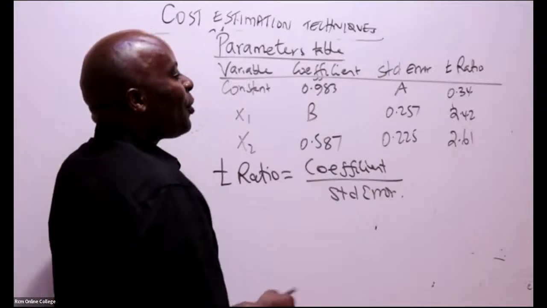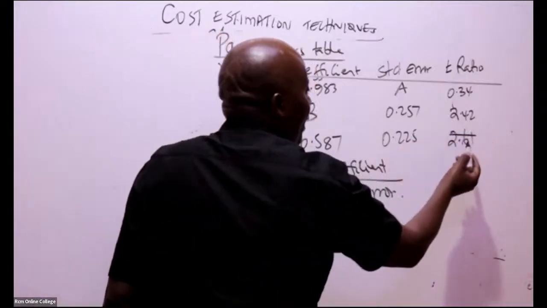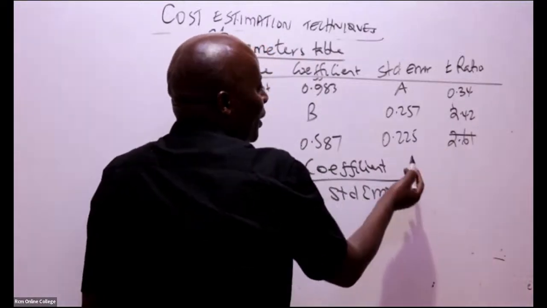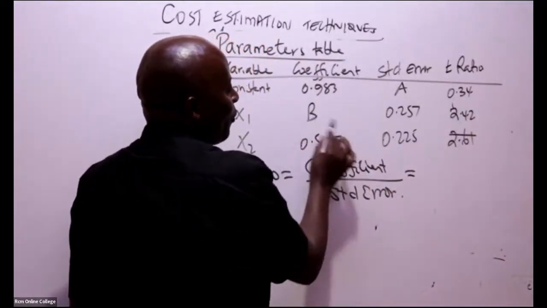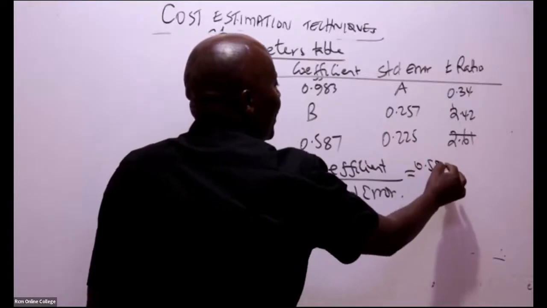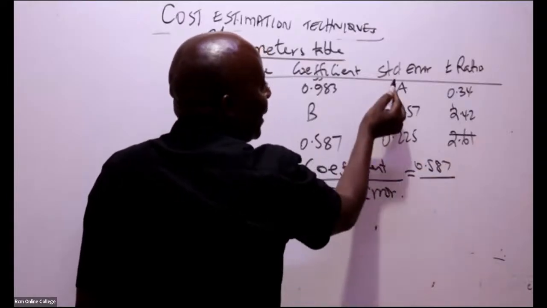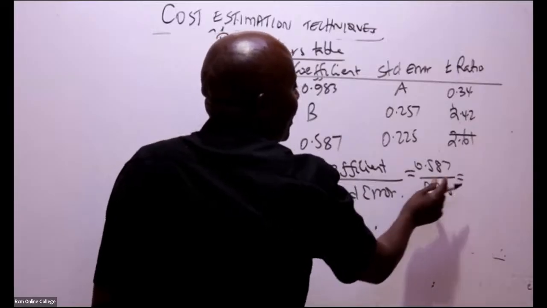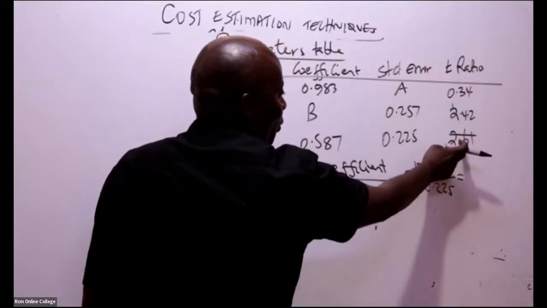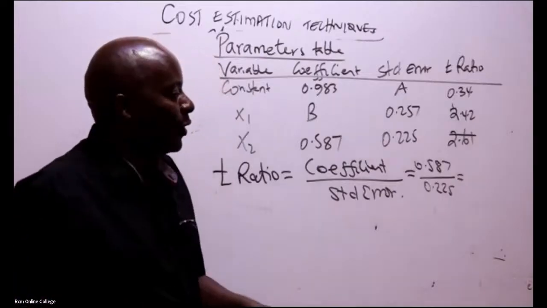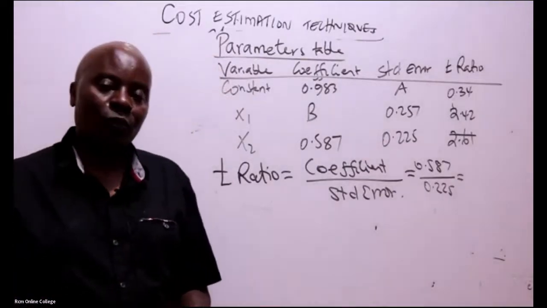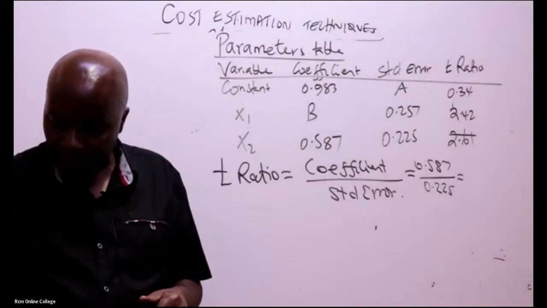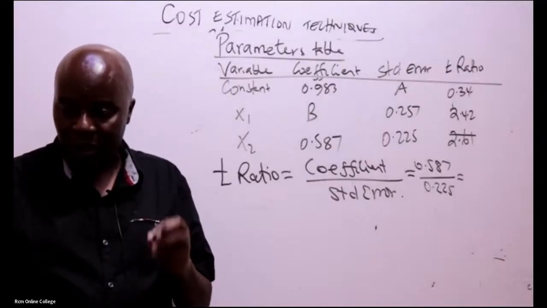So for example, if this one here was missing, and somebody wanted us to calculate this T ratio, how would we have gotten it? We would have taken this coefficient, which is 0.587, divided by the standard error, which is 0.225. Can somebody confirm that you're going to get an answer which is close to this? It doesn't have to be exact.